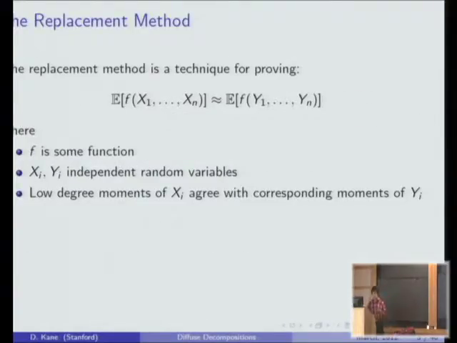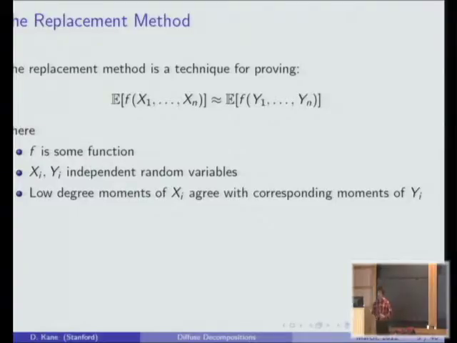So the major technique used for proving these sorts of results and a number of other results is known as the replacement method. This is actually a pretty general technique for proving approximations of the following form. You want to show that the expectation of f at x1 through xn is approximately the expectation of f at y1 through yn, where here f is some function. In this case, it's the polynomial threshold function.